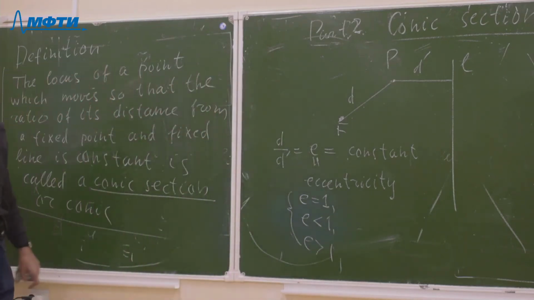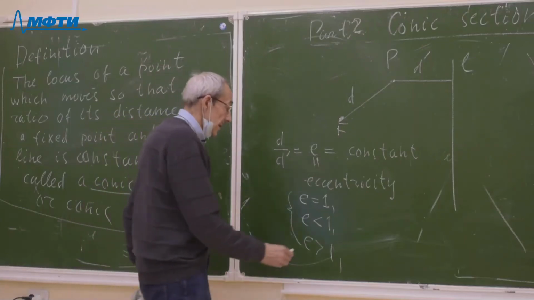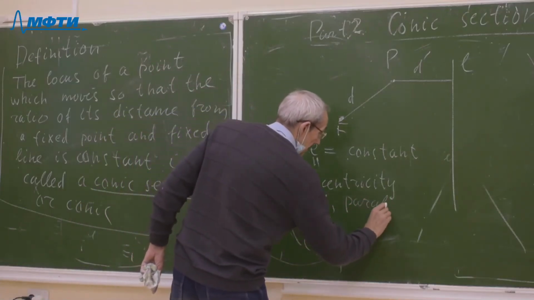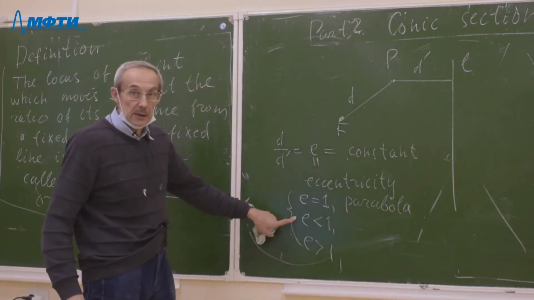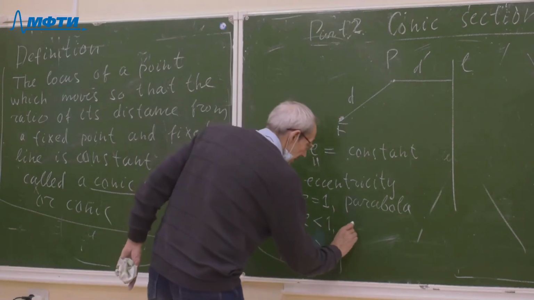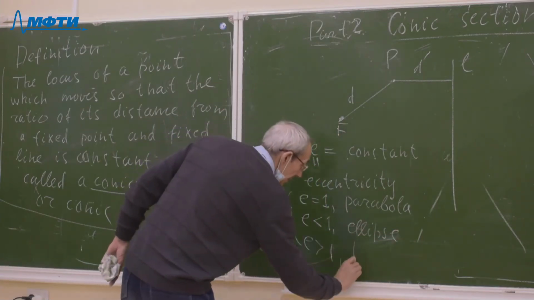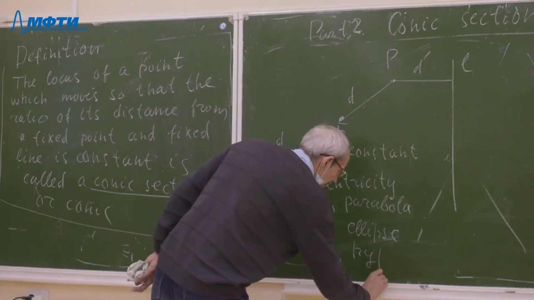And by definition, in the first case we obtain a parabola. In the second case, we obtain an ellipse. And in the third case, we obtain a hyperbola.